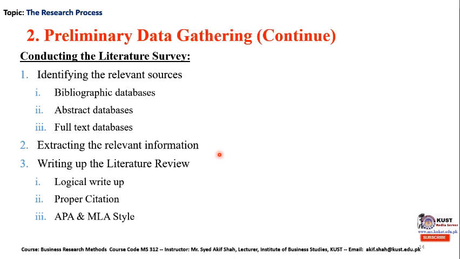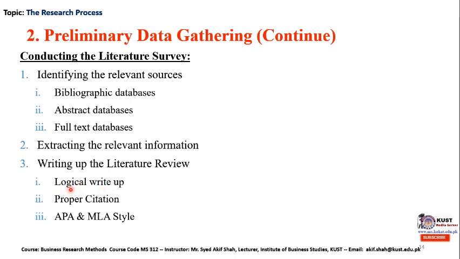From this published and unpublished print and electronic media, the researcher can extract the relevant information pertaining to their problem situation. And in the third step, the researcher writes up the literature review in a logical fashion.